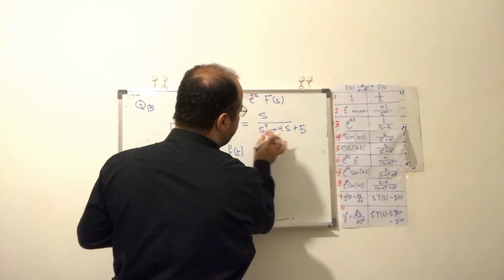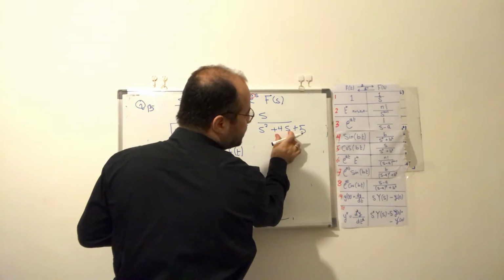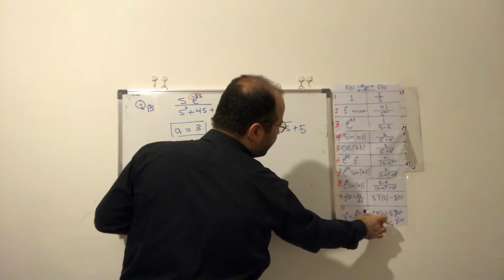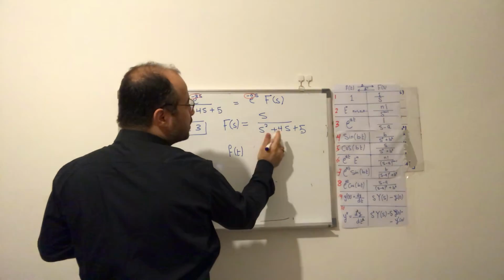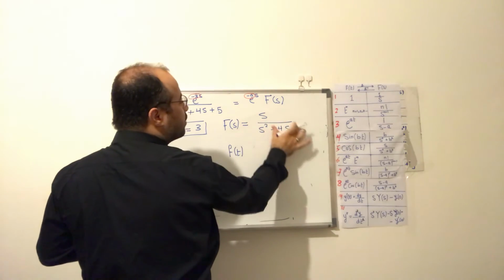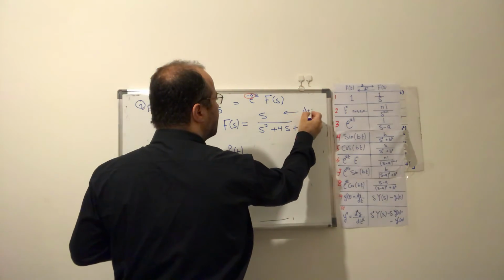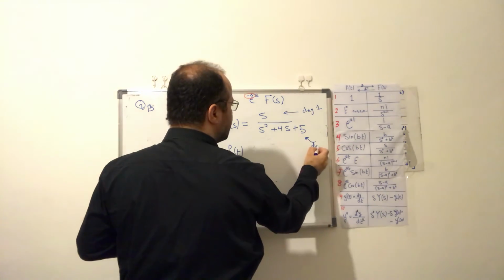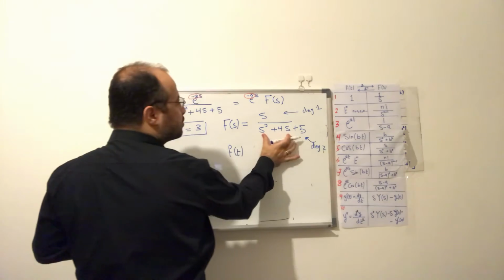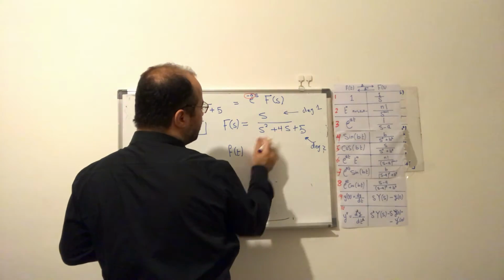Do we have that thing which says you have an s squared and another s here? We never have in the denominator two s's like that. For this reason, you think of partial fractions. The degree in the numerator is 1, and the degree in the denominator is 2. Because you have degree 2, you think of completing the square.